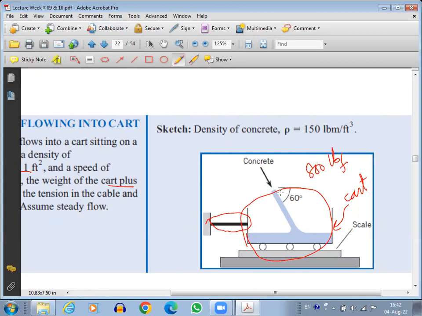Because the scale is going to read how much force it is supporting. Now the force is not just the force of the weight, it's also the force of the jet, which is mixing with the force of the weight. So the scale is going to give a bigger reading. And this happens all the time. For example, if I have a weighing scale here and I stand on it, I have to first stand on it and then stop a while until it becomes stationary.